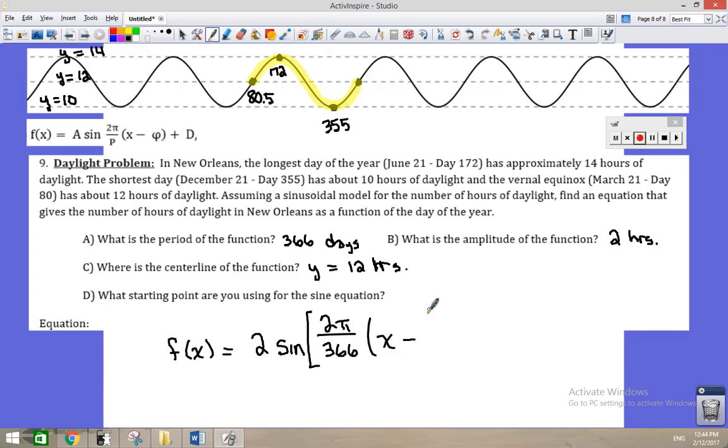And this 80.5. I'm not so sure somebody in this field would use 366 versus 365, and I'm not so sure they wouldn't pick like 81 or 80 here, but for us it's fine. Plus 12.